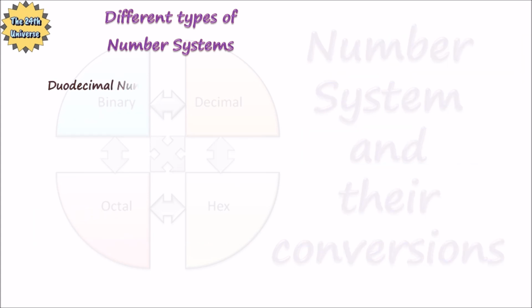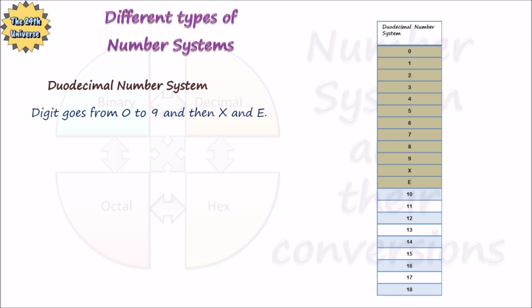There are other number systems, such as the duodecimal number system, also known as base 12 or dozenal number system, which is a positional number system using 12 as its base. Here, the digit goes from 0 to 9 and then x and e. Counting upwards in duodecimal sounds like 0, 1, 2, 3, 4, 5, 6, 7, 8, 9, x, e, 10, 11, 12, 13, 14, 15, and so on.